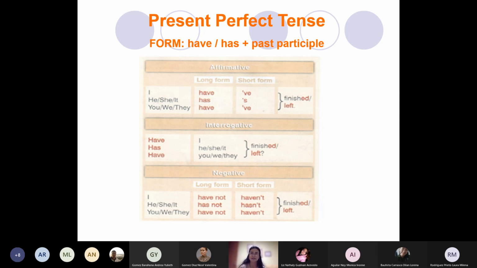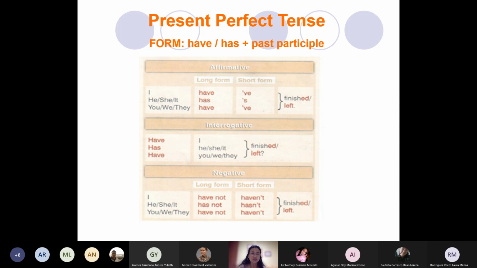And for negative sentences, you add the negative word not to have or has. For example, I have not, or I haven't finished. Yo no he terminado. Es decir, teacher, wait, no he terminado. Teacher, I haven't finished. Or teacher, I have not finished. No he terminado todavía. I haven't finished yet.